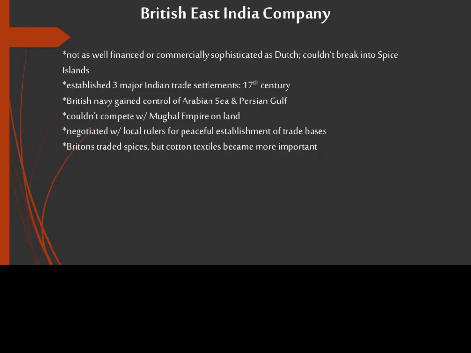Now, they couldn't compete with the Mughal Empire on land, so they had to establish those trading ports. But the British Navy eventually gained control of the Arabian Sea, as well as the Persian Gulf, making them a major player here. And so they did trade some spices, but cotton textiles became much more important.